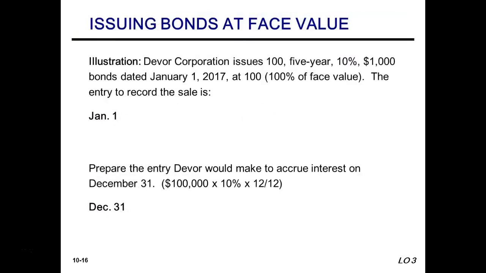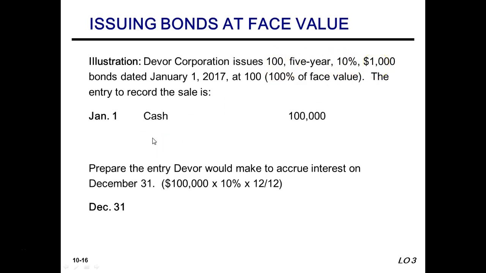So let's look at bonds, the simplest example, issued at face value. Dever Company issues 100 5-year 10% $1,000 bonds at 100. This is a little confusing because they're saying at 100, and that means 100% of face value. And they're $100,000, so to figure out the total, we take 100 times the $1,000.